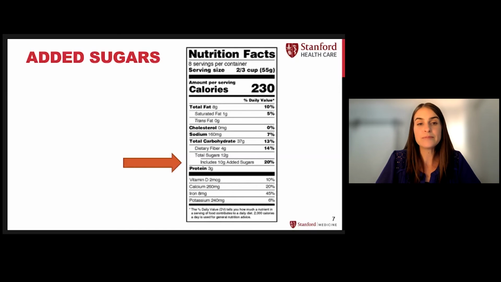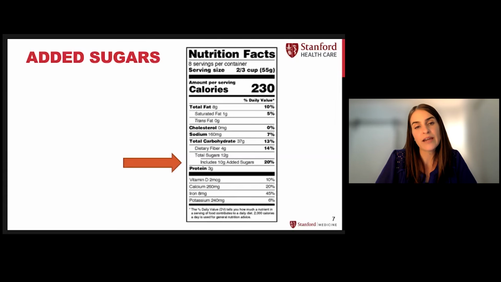In this example, of the 37 grams of carbs, 10 grams of carbohydrates have been added. To put that in reference, 1 teaspoon of sugar is 4 grams. And in this example of 10 grams, that means we're getting about 2.5 teaspoons of sugar here.